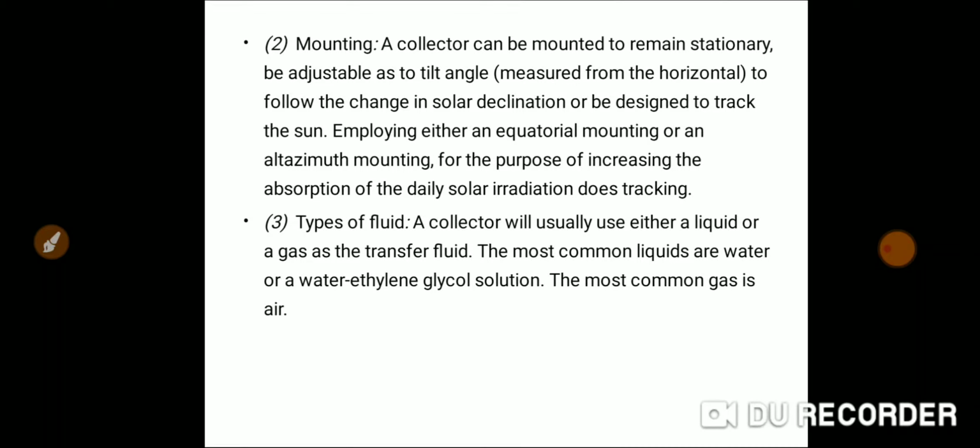For that we are employing two mountings so that it will track the direction of solar radiation. For that we use equatorial mounting or altazimuth mountings to increase the absorption of daily solar radiation in the collector.